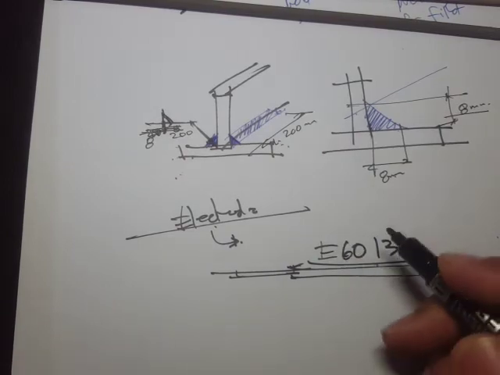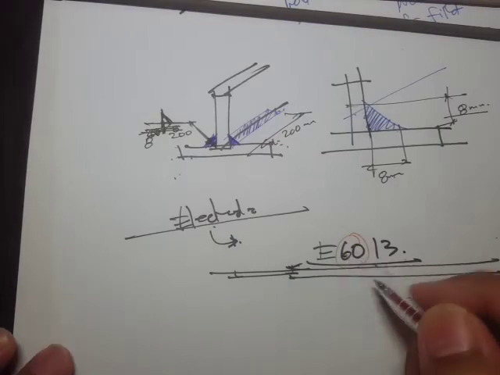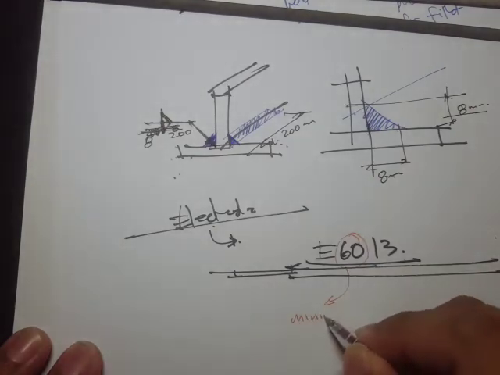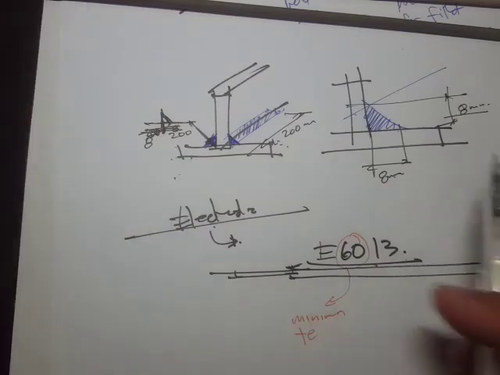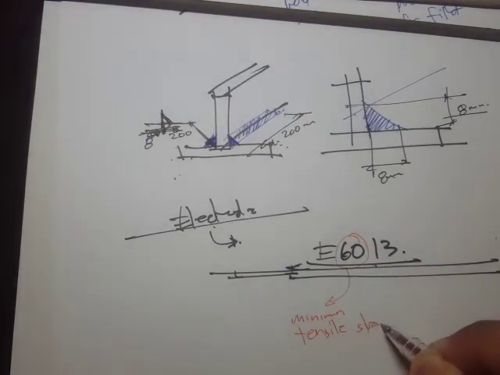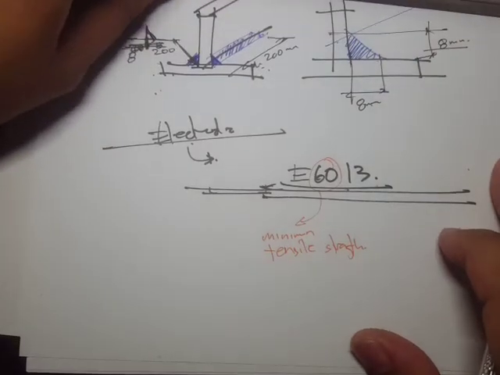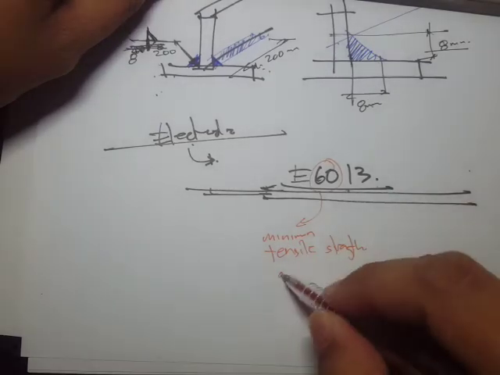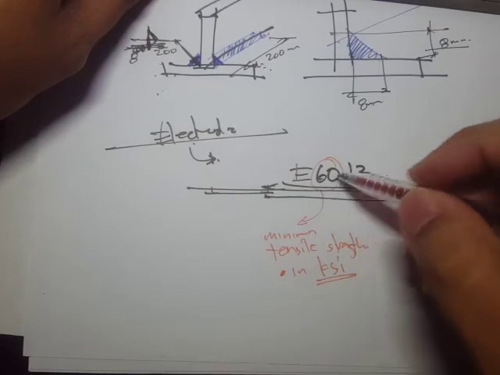E stands for electrode, and 60, these two numbers right here, actually correspond to the minimum tensile strength, which I think would correspond to the strength of the joint. Tensile strength in KSI, that's in kips per square inch.